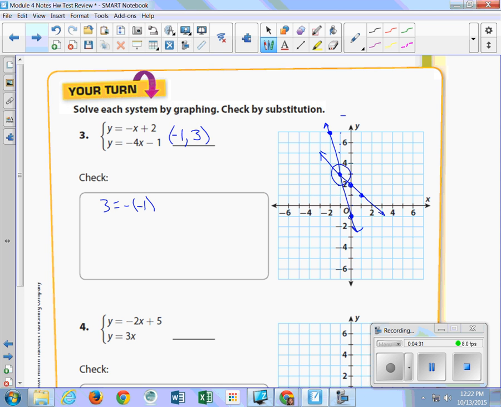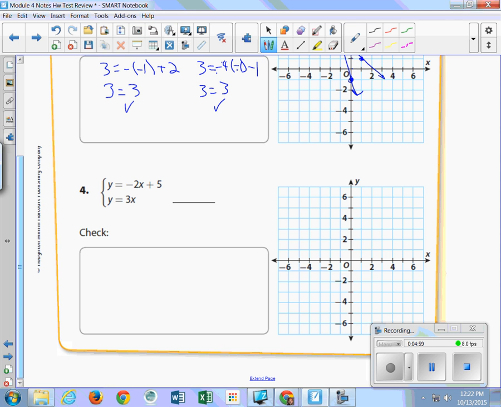X is -1, so that's 2 negatives, plus 2. 3 equals, that's just 1 plus 2 is 3, so that's true. And then 3 equals -4 times -1 minus 1. 3 equals, negative times a negative is a positive, so that's +4. +4 minus 1 is 3, so that checks out.